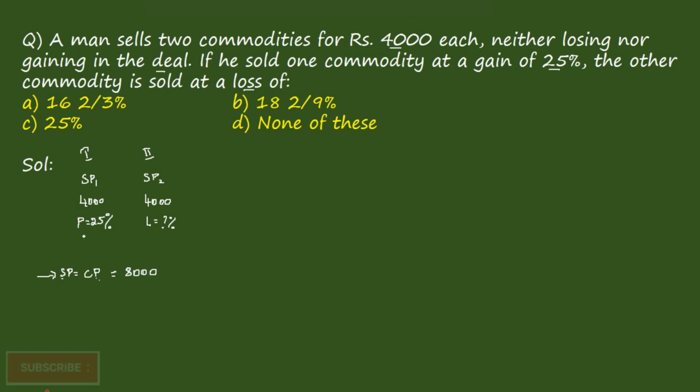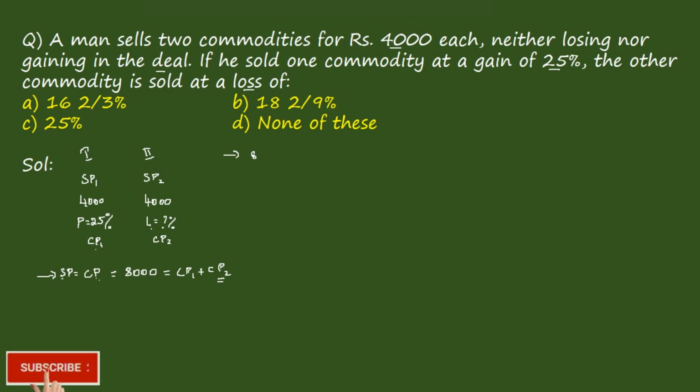Right. If you consider the first one, cost price is CP1 and CP2, which is equal to nothing but cost price 1 plus cost price 2. Total cost price. Right. This is given here. Means upon cost price 2, we can find the loss. Right. So first we have to find the cost price 1. In this one, they have given the percentage of profit and selling price.